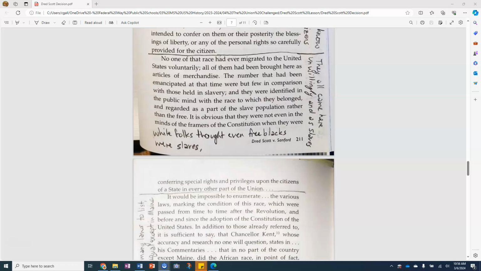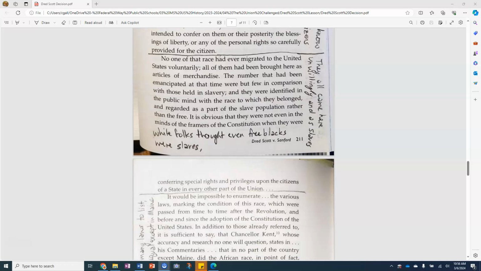Okay. The number that had been emancipated, and again, emancipated means freed, at the time were but few in comparison with those held in slavery. He says there are some free black people at the time, but not very many of them. And they're very, very small in number compared to the number of folks held in slavery.